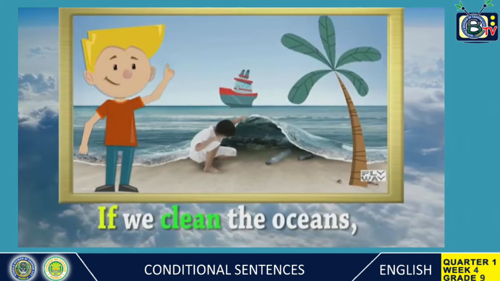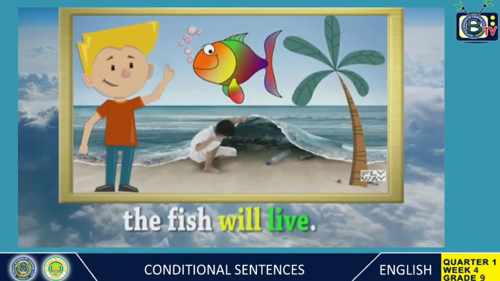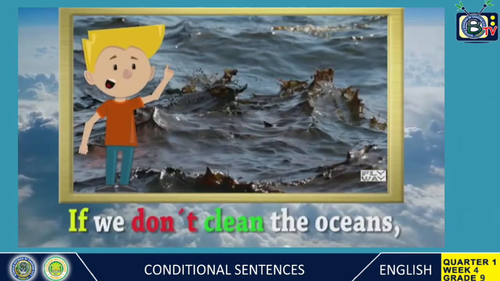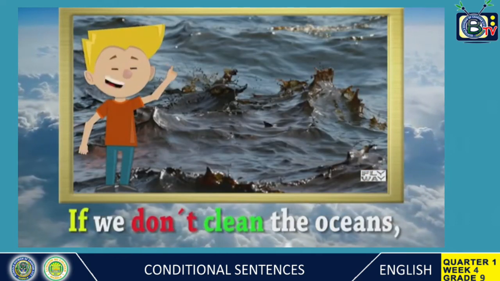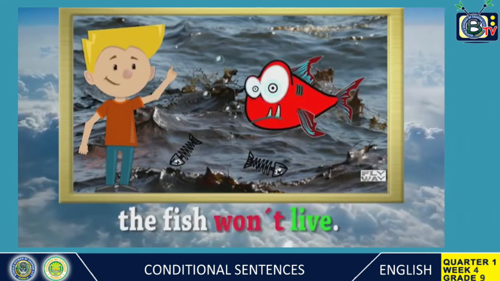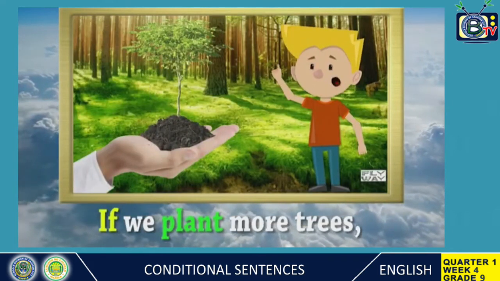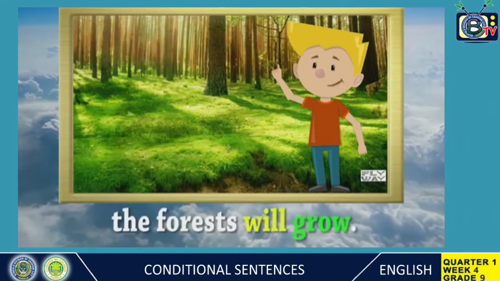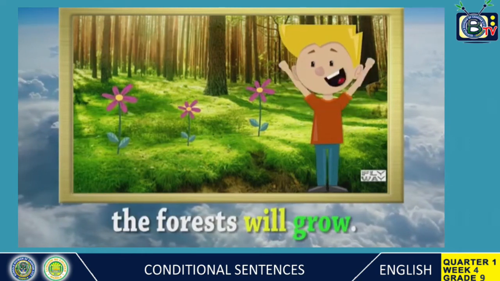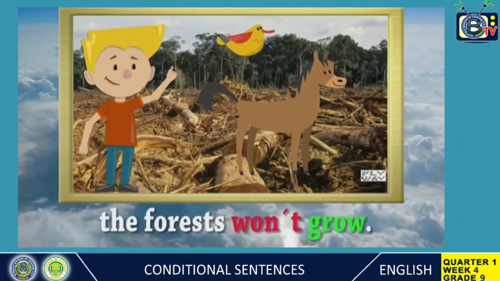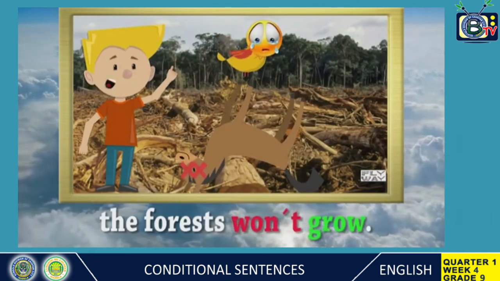If we clean the oceans, the fish will live. If we don't clean the oceans, the fish won't live. If we plant more trees, the forests will grow. Unless we plant more trees, the forests won't grow.